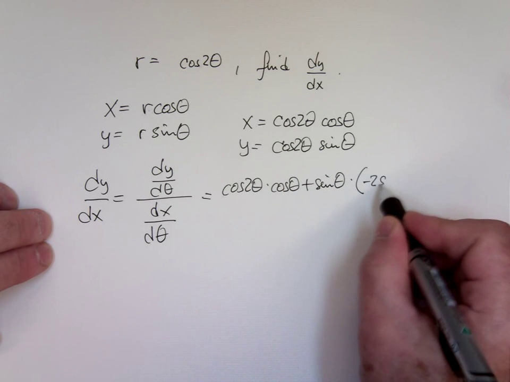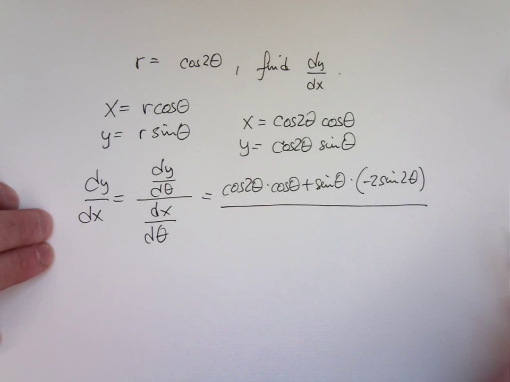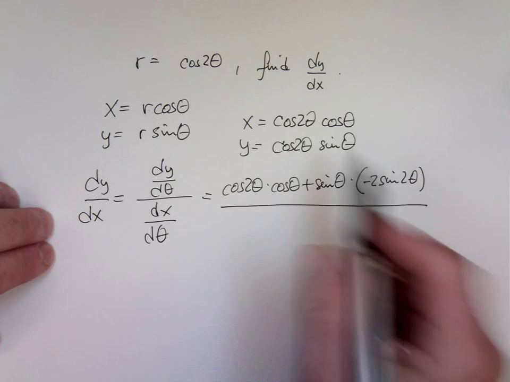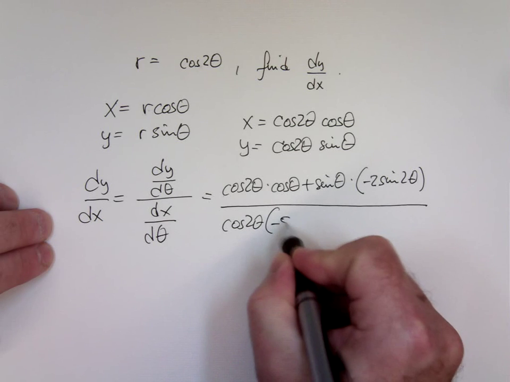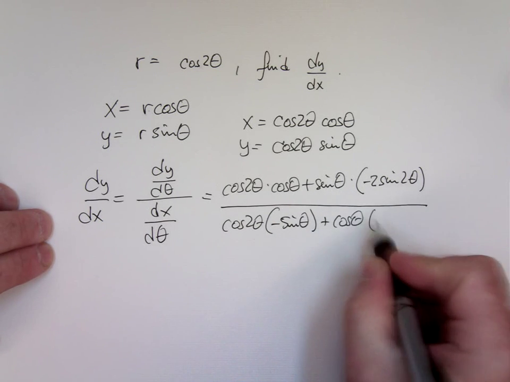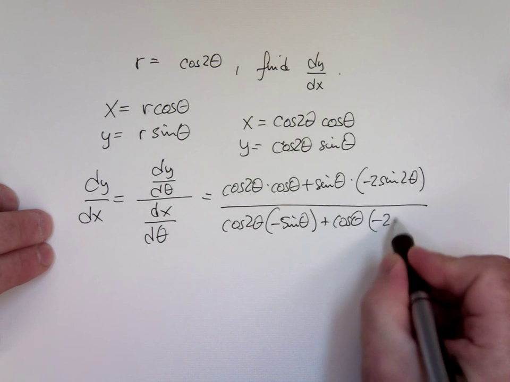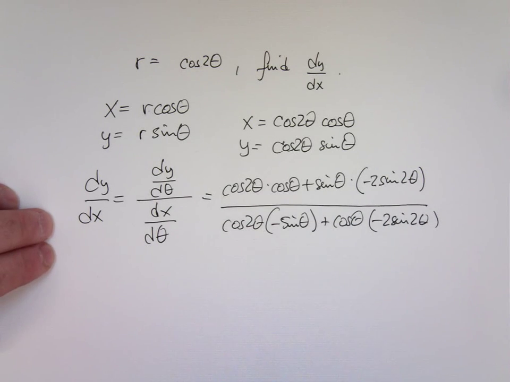Wow, this is really nasty. Over dx d theta, again, a product rule, first, derivative of the second, plus the second, times the derivative of the first. And it looks like you should have all kinds of simplifications, but you don't, okay?